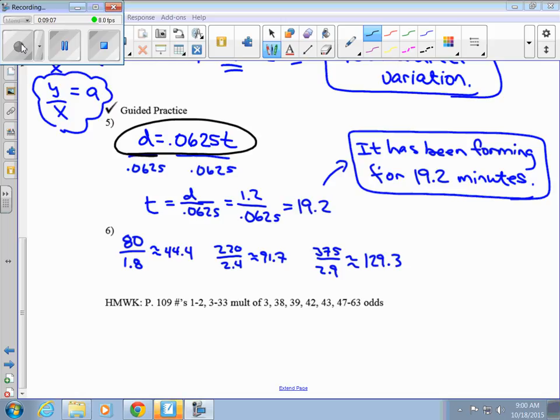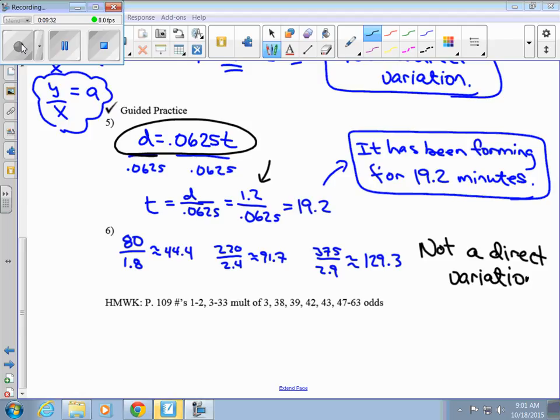Well, D stands for diameter, so we take 1.2, so that's twice of that, and we plug it in, and we find that it's been forming for 19.2 minutes. And then for number 6, they ask if this is a direct variation, and it is not a direct variation.